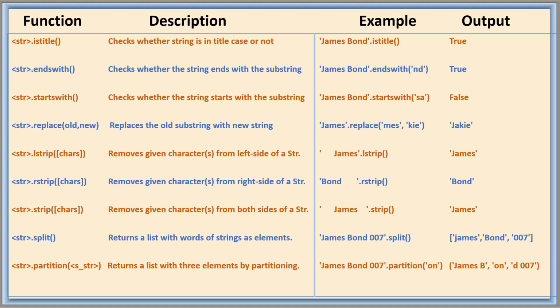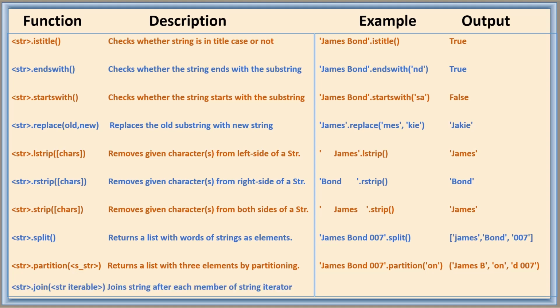For example, James Bond 007 partition, here the partition is ON. So ON is the middle element, the previous element will be whatever is before ON, so James space B, and then the last element is whatever is available after ON.